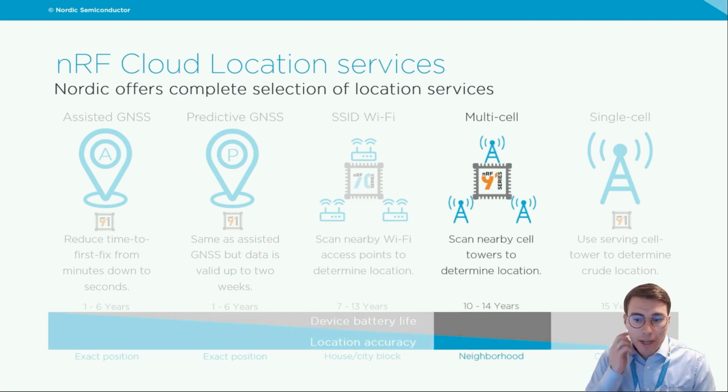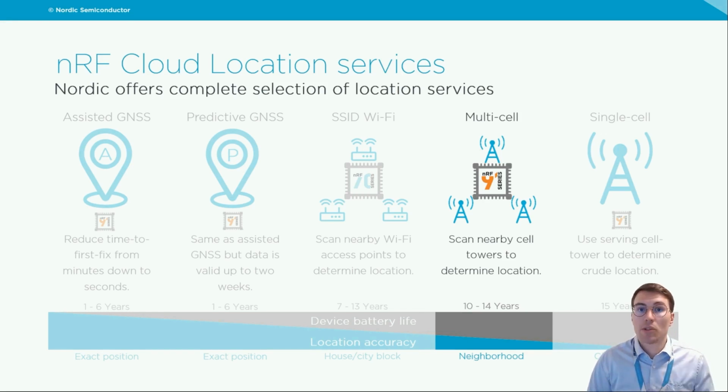Then we have LTE-M and LTE locationing. First off, multi-cell, basically getting the position of your device based on how many base stations are around it. So more base stations mean higher accuracy, so around 500 meters is typically expected on multi-cell, down to a few hundred meters, depending on how many base stations are around your device.